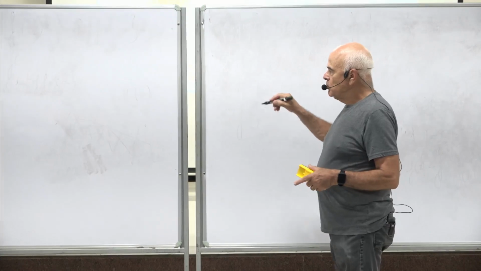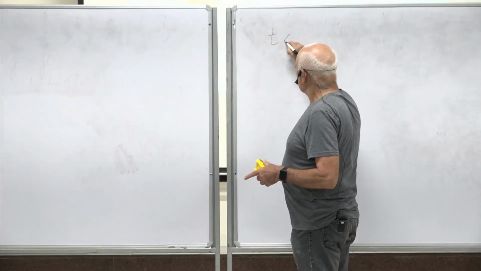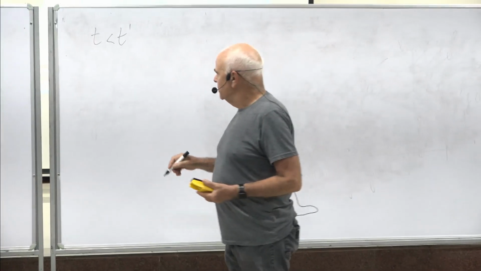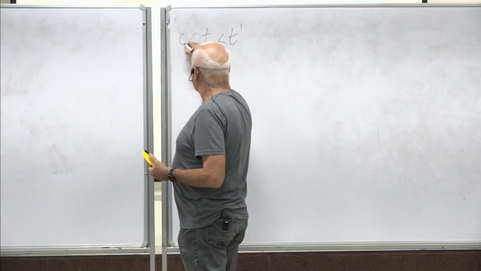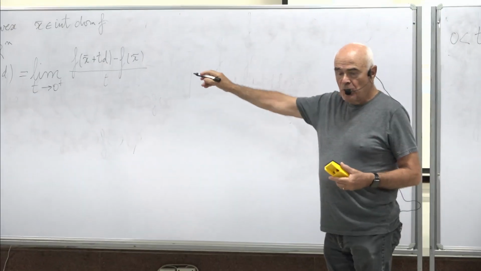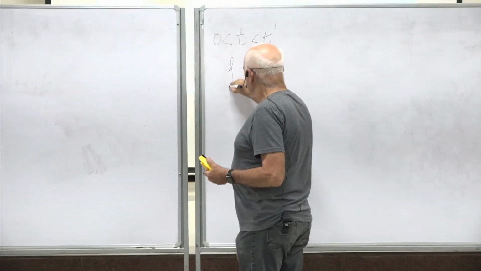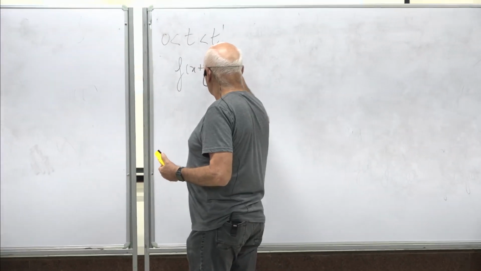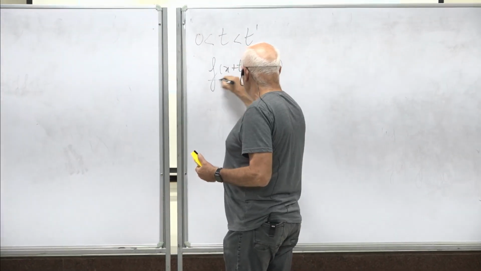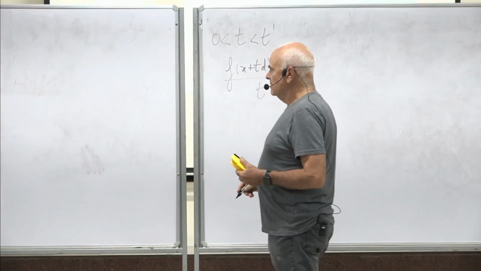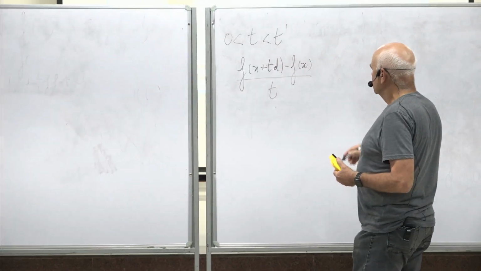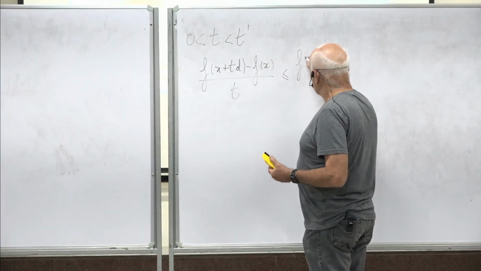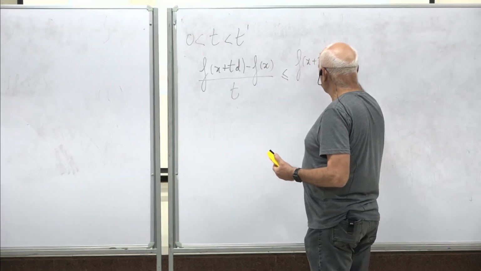I mean, then suppose t is smaller than t prime, and both are positive. Then I want to prove that f of x plus td minus f of x, divided by t, is less than or equal to the same with t prime instead of t.